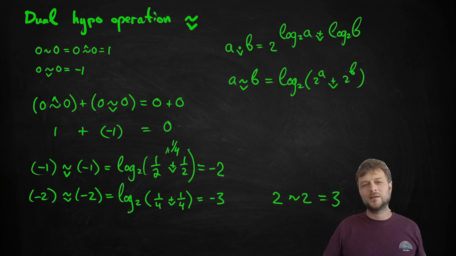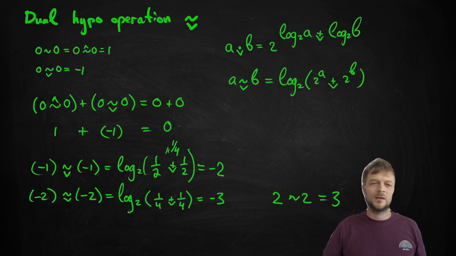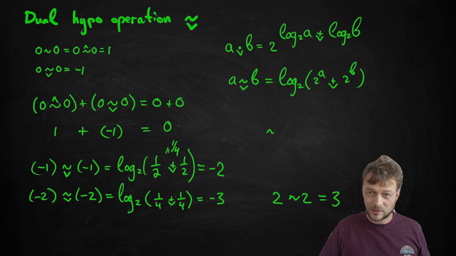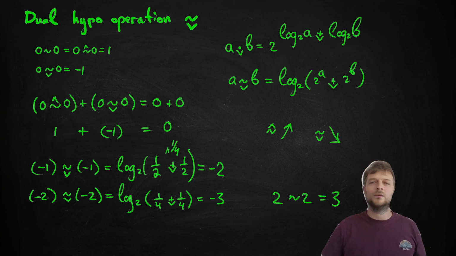When we add minus 2 with minus 2 in a tilde sense, we got minus 3. So this tilde operation with hat on top counts up, and when we have tilde dual, it kind of counts down.